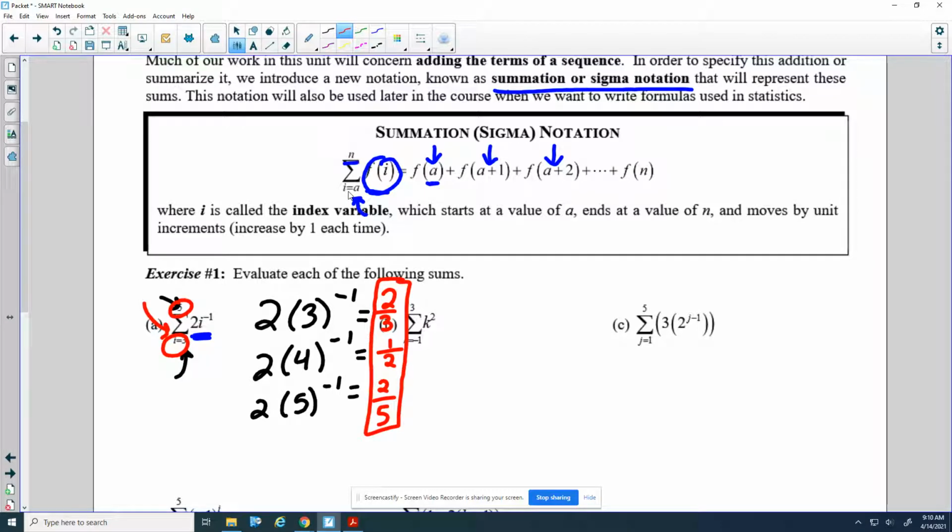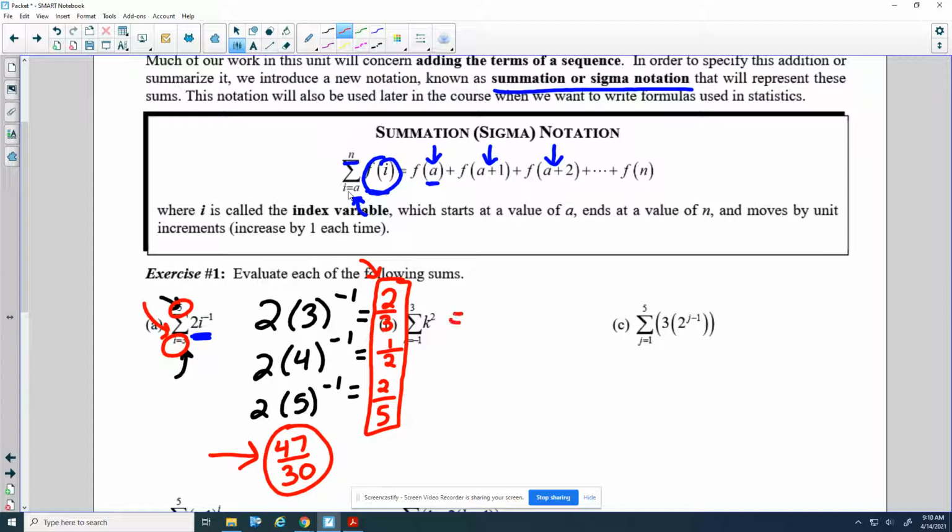That's something I could do on a calculator. If I added those up, I found an LCD, I would end up with 47/30 as my answer. So this is my final answer, that sum. The numbers I added together, I put a box around them to show what I was adding, but that's not my answer, it's the actual sum. So we'll look at another one.